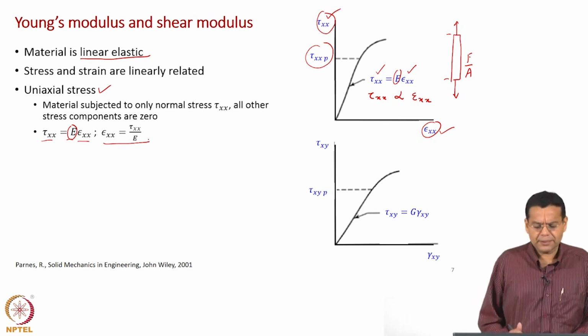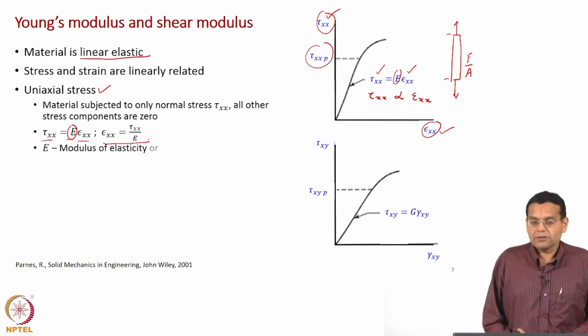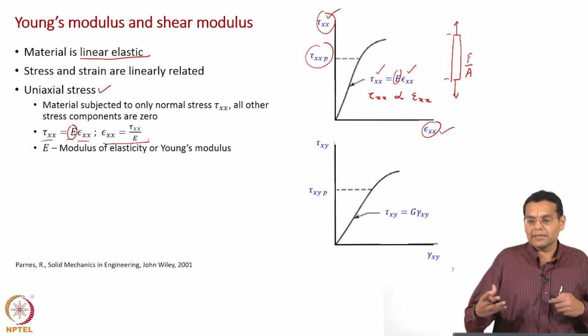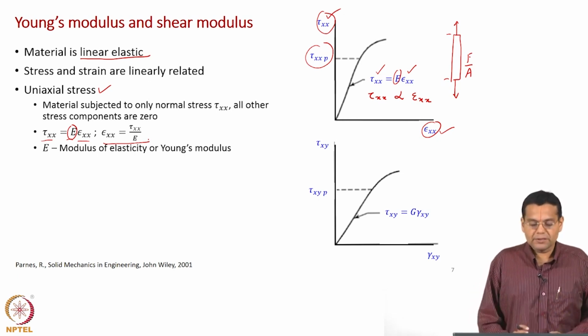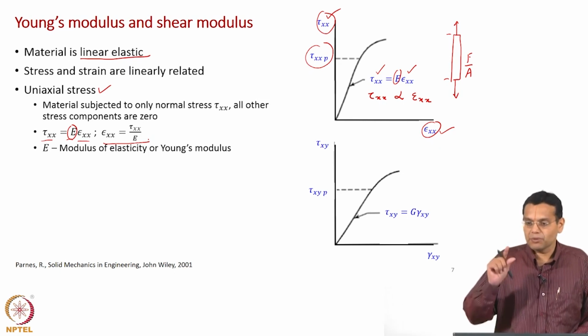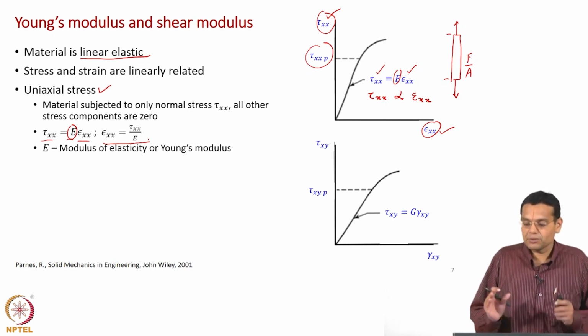You also write this expression for epsilon xx as tau xx by E. And E is the modulus of elasticity or Young's modulus, which is very well known. In fact, this form of Hooke's law is very well known to everybody. We are going to extend this to the 3-dimensional case. The Hooke's law, which is this for a 1-dimensional case, is subject to only uniaxial stress, that is only normal stress. There are no normal stresses in other directions, there is no shear stress.